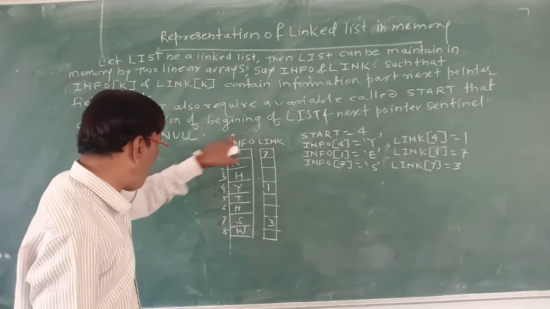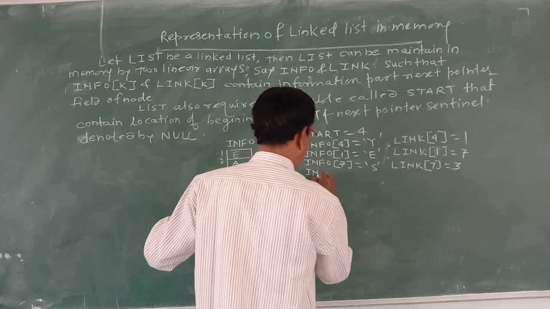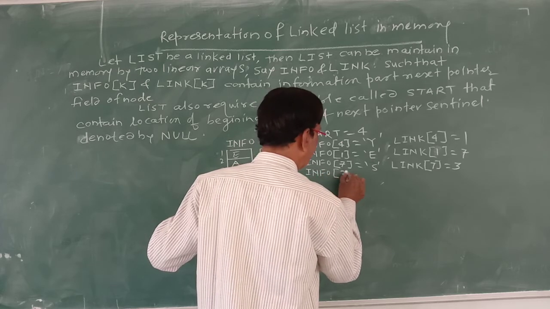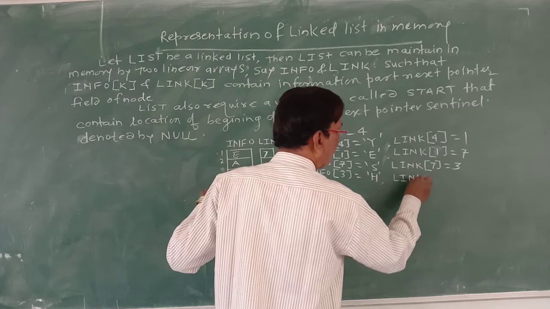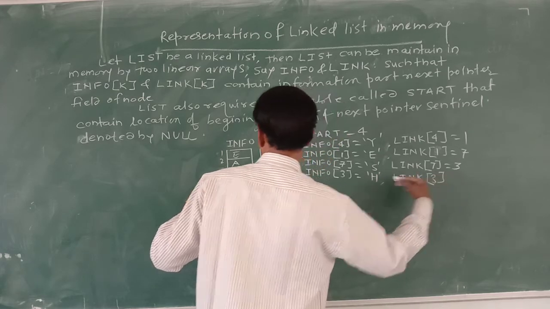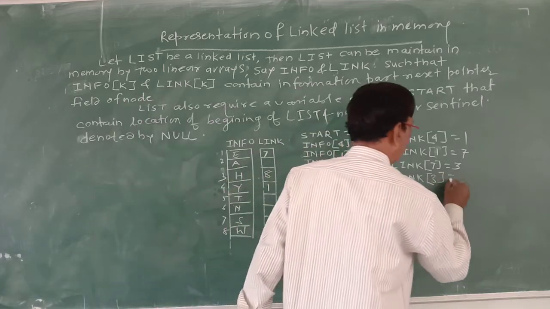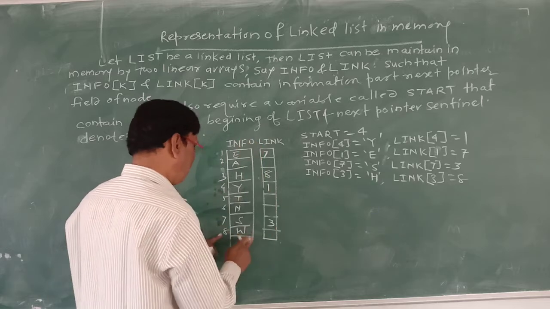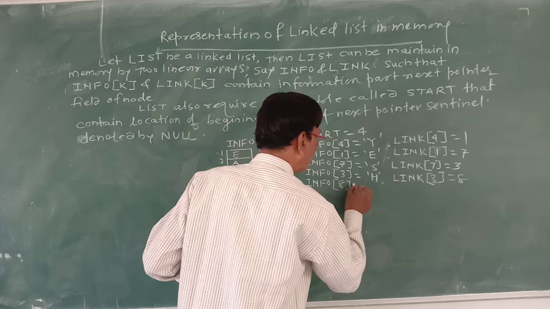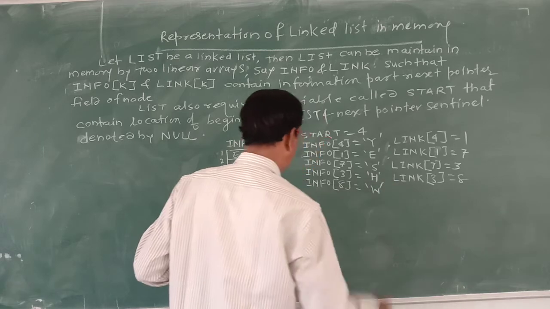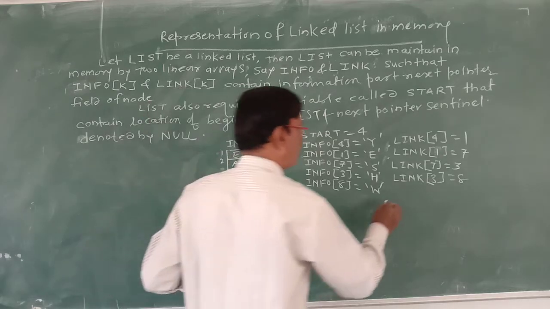Now info of 3 is H. Link of 3, suppose we are going to W, that is 8, is equal to 8. Now info of 8 is W. Suppose we are going to A now, so 2.